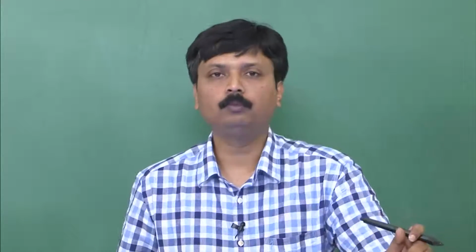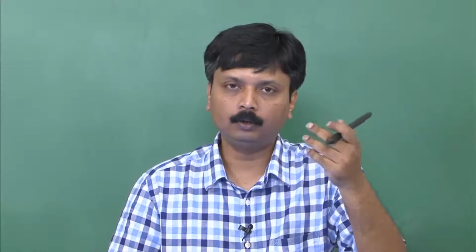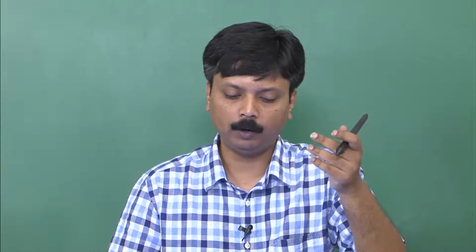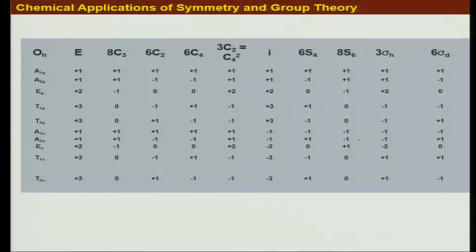So while dealing with this problem, you must have the character table for the Oh point group with you. Here the character table for the Oh point group has been given. You notice how many total number of symmetry operations there are.